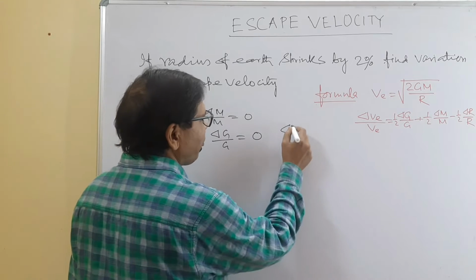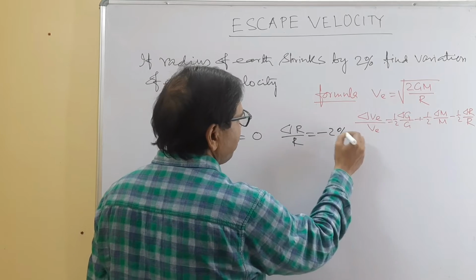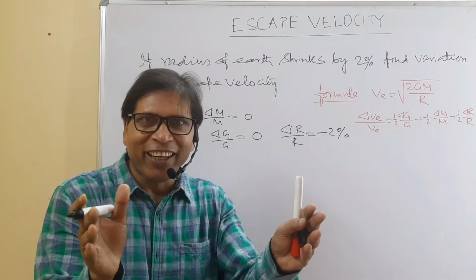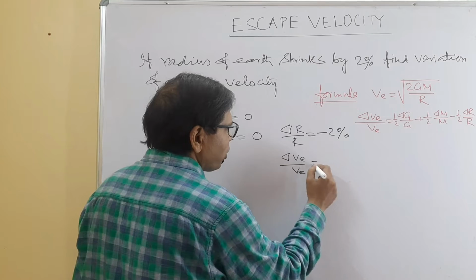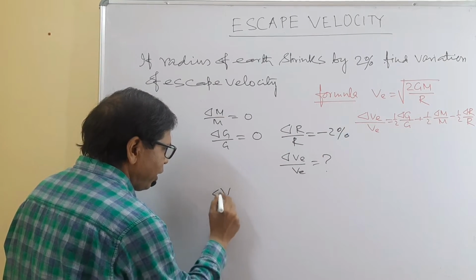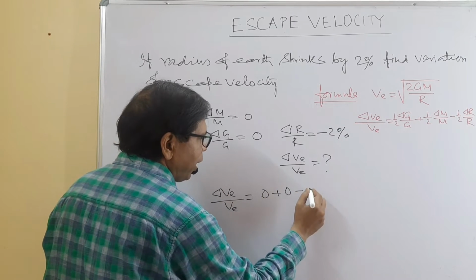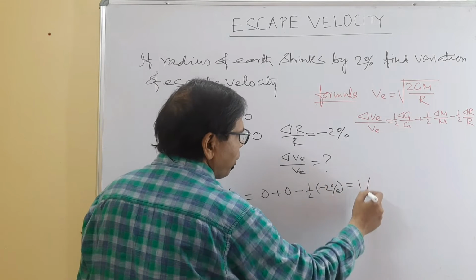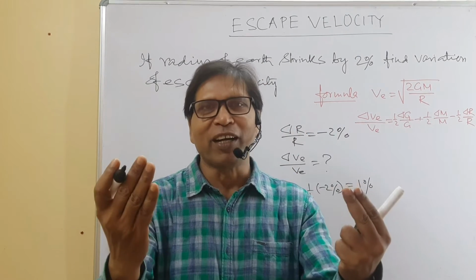Delta R by R is minus 2% because the radius decreases. Therefore delta V_E by V is the question. Using this formula we get delta V by V equals 0 plus 0 minus half into minus 2%. So this is 1%. Therefore escape velocity is increased by 1%.